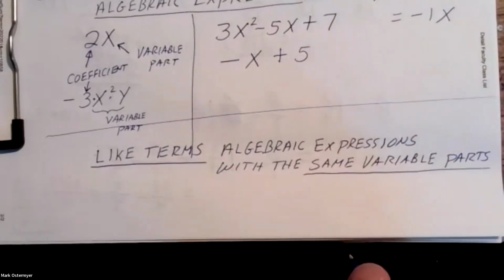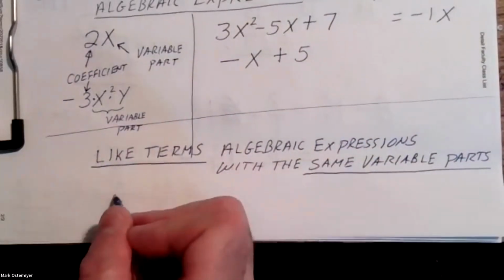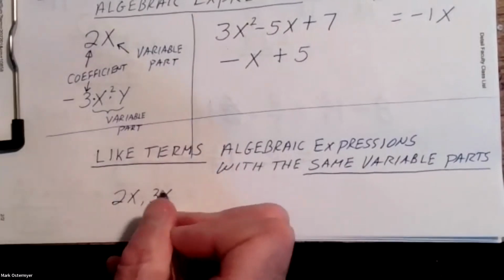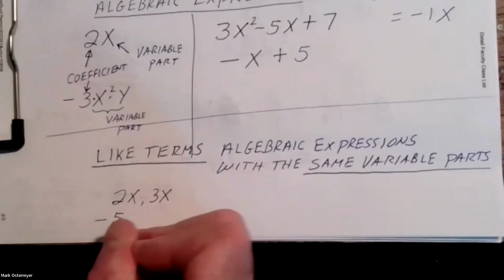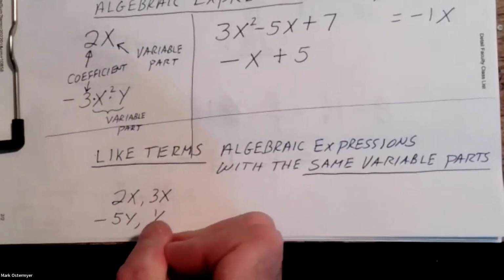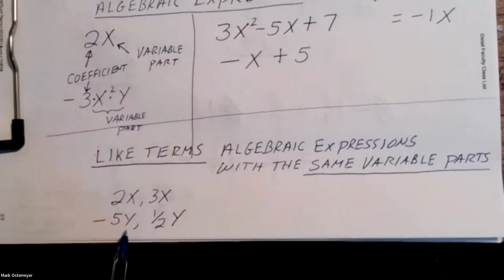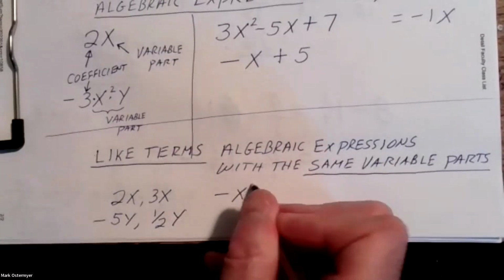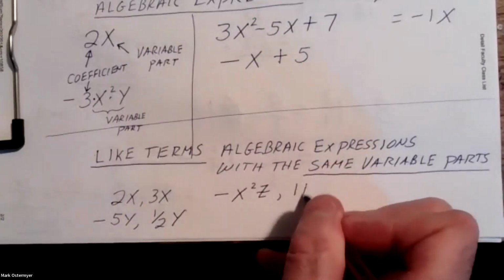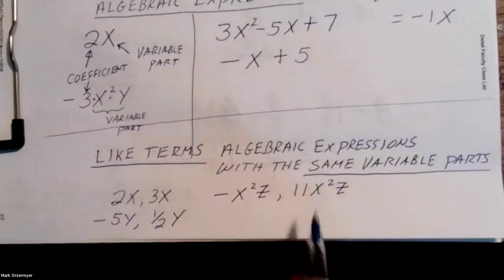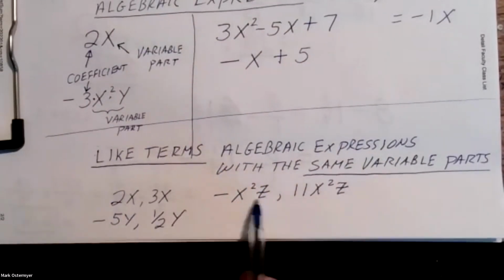Those are called like terms. Here's examples of like terms. 2x and 3x are called like terms because they both have x for the variable part. Negative 5y versus 1/2 y are like terms because they have the same variable parts. Negative x squared z is a like term with 11x squared z. These are called like terms because they both have the same variable parts. So like terms are algebraic expressions with the same variable parts.